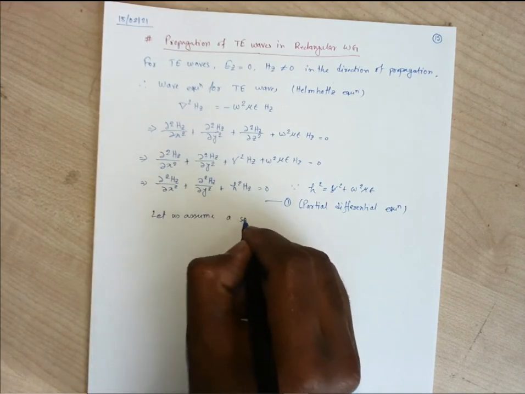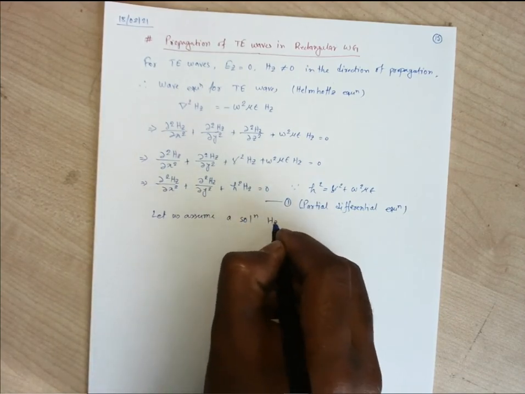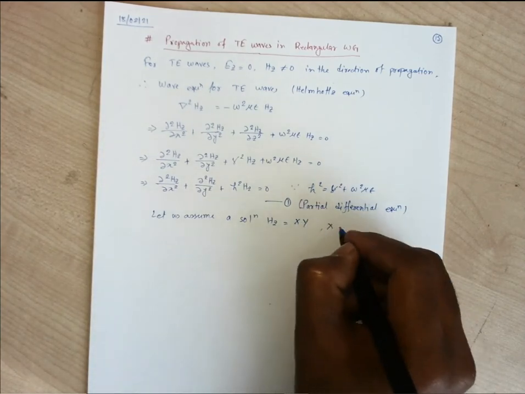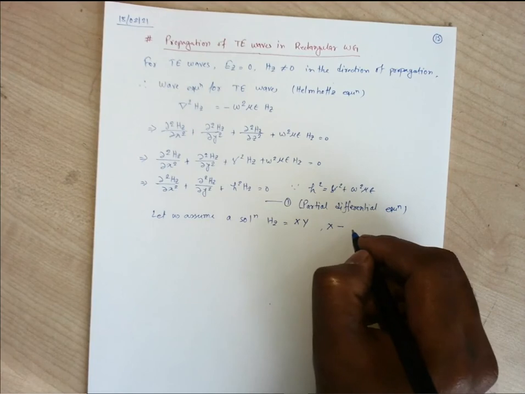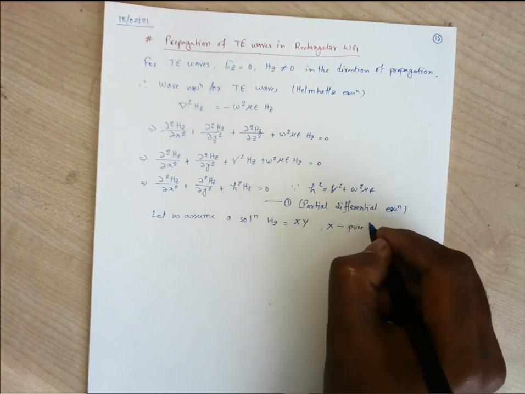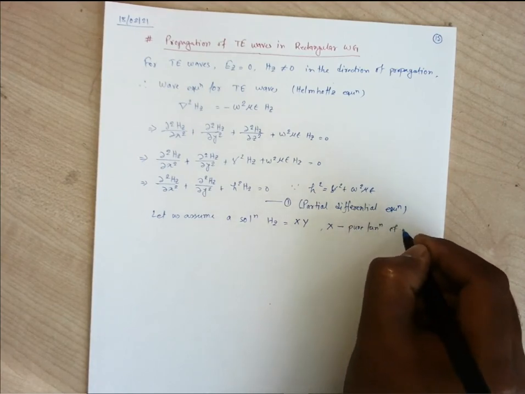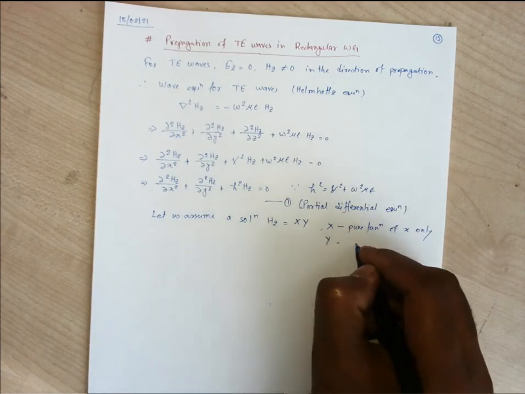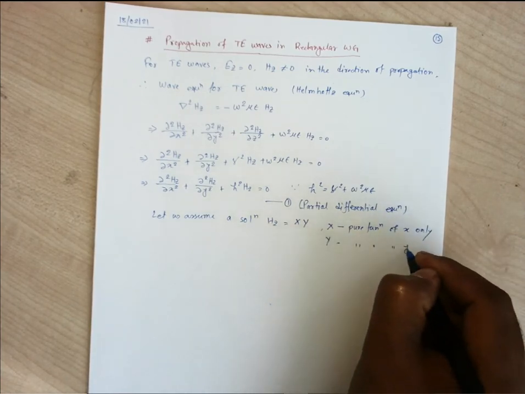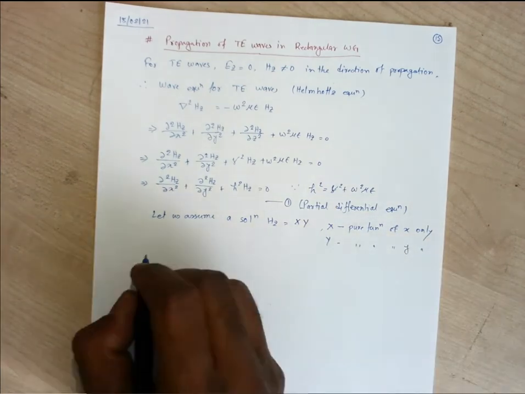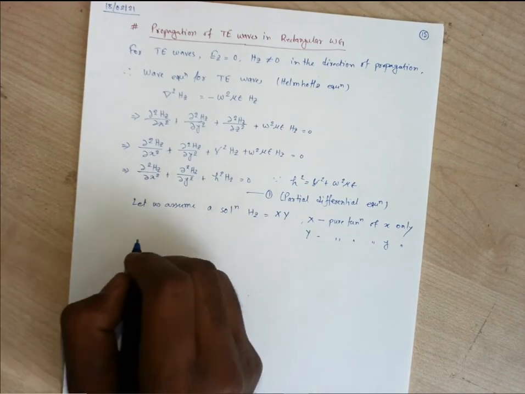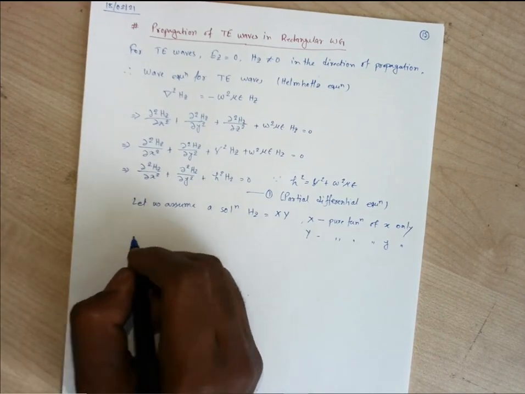Assume a solution Hz is equal to X into Y, where X is a pure function of x only, and Y is a pure function of y only. So we can write this the same way as we did for the earlier case.